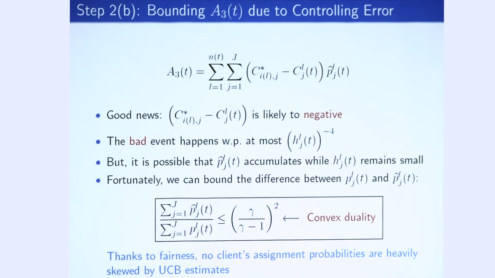So every client is able to learn to some extent. That's why we have this bound on the controlling error. And once you have this, then you can replace p hat by p roughly, and follow the previous analysis to complete the proof. So that's how we bound this A3t. And this finishes the whole proof.